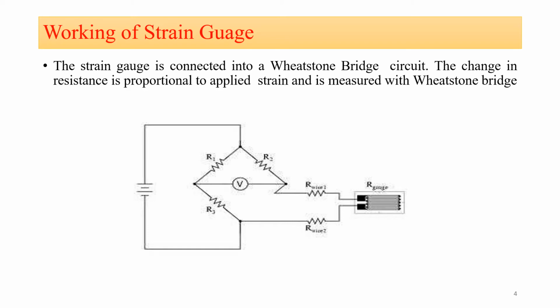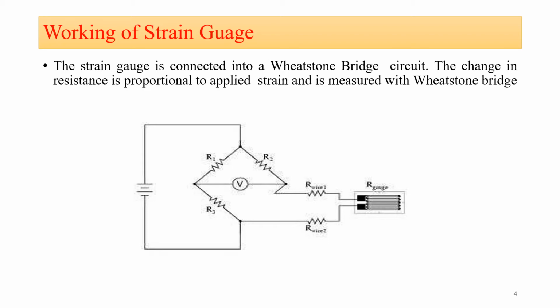As I told, the variation in the resistance is converted into the variation of voltage by connecting the strain gauge in the Wheatstone bridge. Now here the strain gauge is connected in the Wheatstone bridge circuit, and the change in resistance proportional to the applied strain is measured with the Wheatstone bridge.